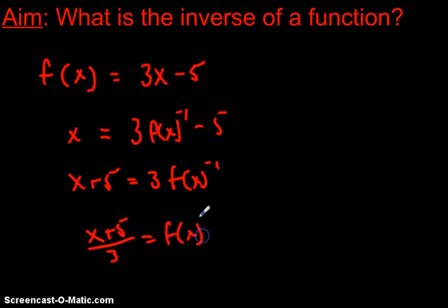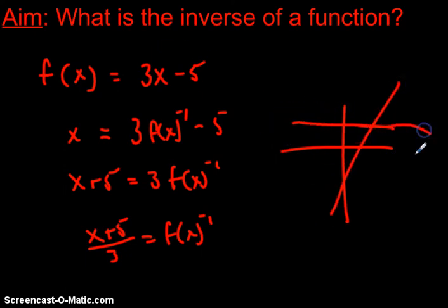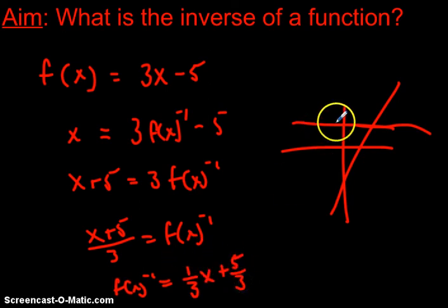That's the inverse function of this, and if you graph them, this one looks something like this, the other one would look something like this. We can simplify that to 1 over 3x plus 5/3. Should be up here, and this would be going up slightly. Alright, so I hope that's all we need for that.